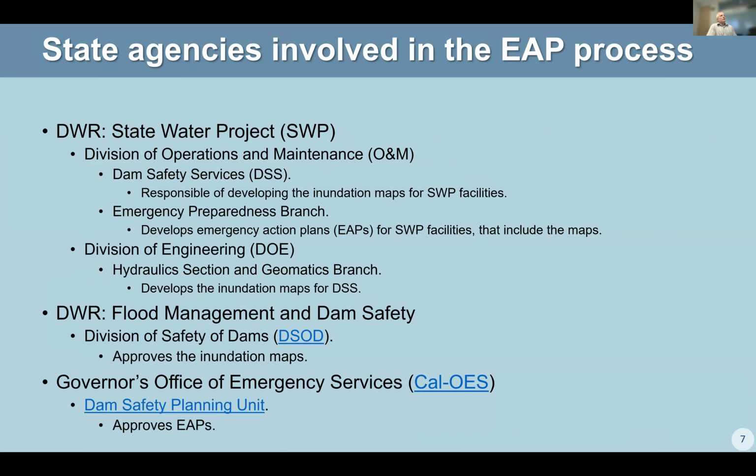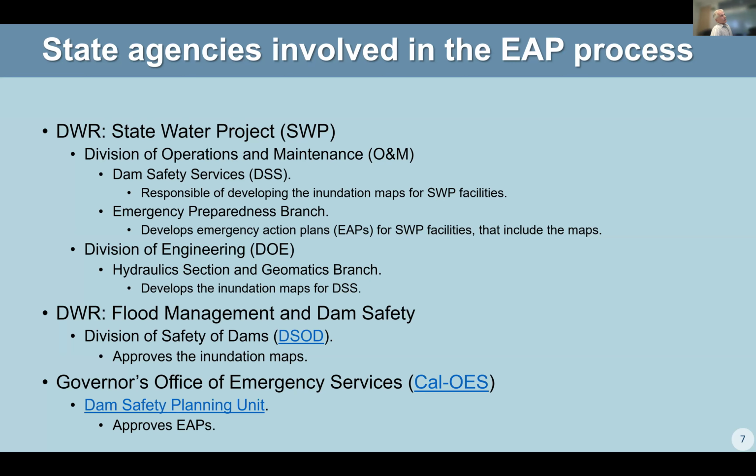So just so you know, the agencies that are involved in the State Water Project inundation map effort: the Division of Operation and Maintenance, which is under the State Water Project, DWR, they're really the ones responsible for developing and submitting these maps.